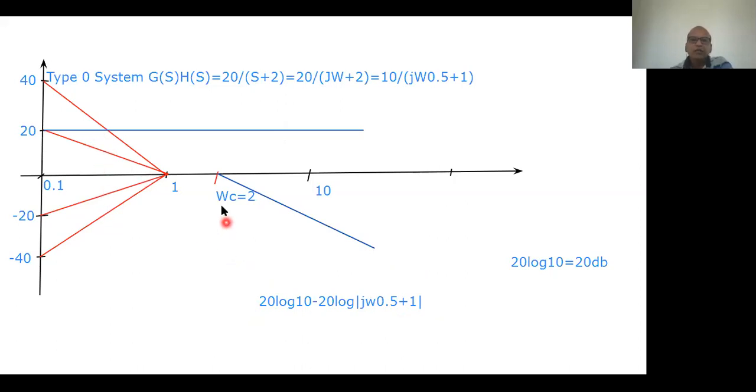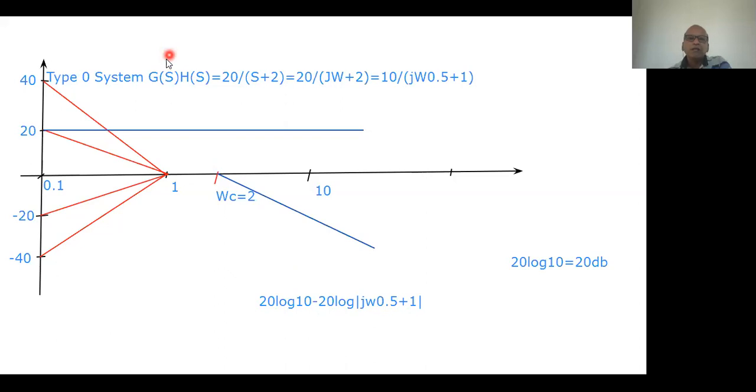20 log 10, and then minus 20 log magnitude of j omega 0.5 plus 1, because this is an integrator. They intersect at a corner frequency equal to say 2.